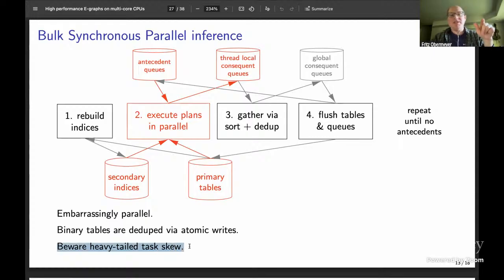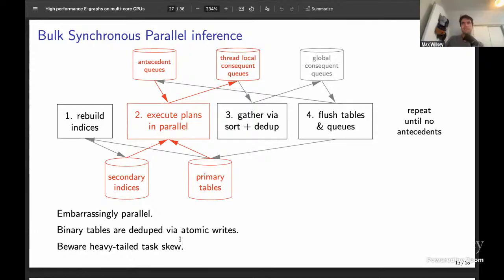The other thing I wanted to mention is that early on, I had a lot of issues with heavy-tailed task skew. I'd see some tasks that would take less than a microsecond, and then some tasks that would take tens of seconds, so a massive amount of skew.